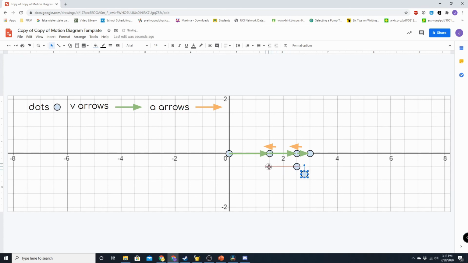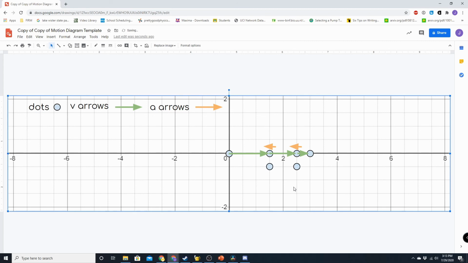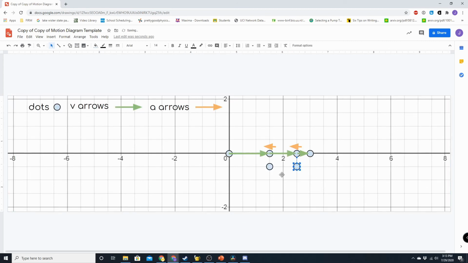Same sort of thing during that next time interval, and the same sort of thing during the next time interval. The main difference now, of course, is that it's going this way.